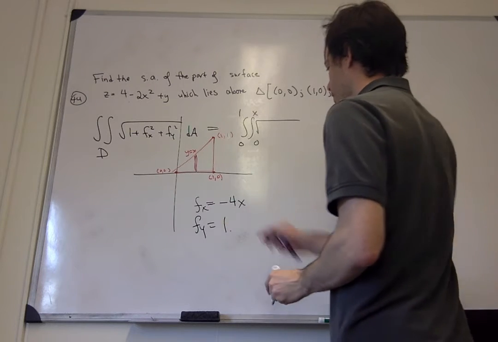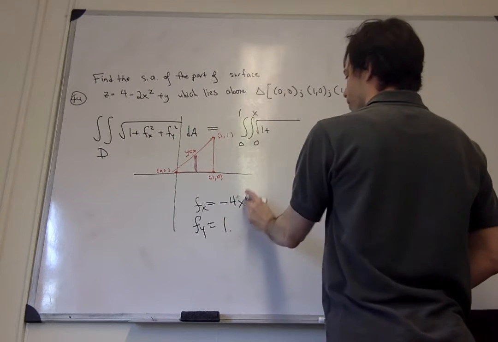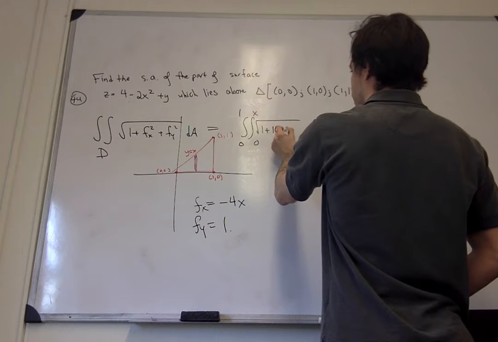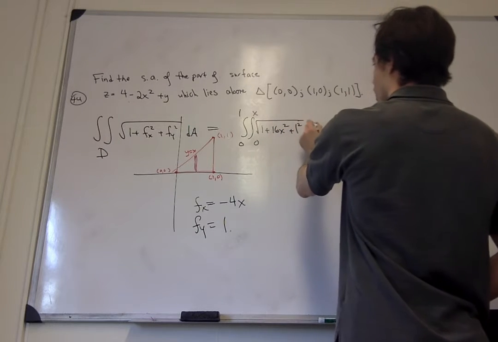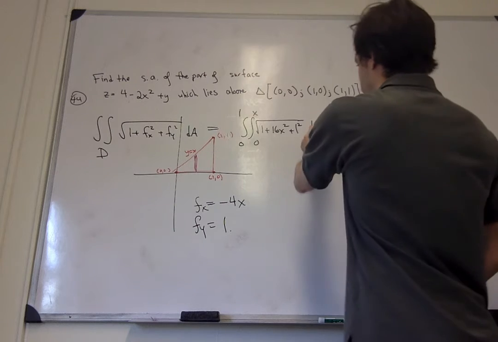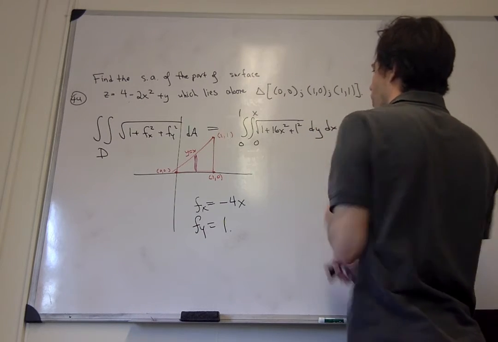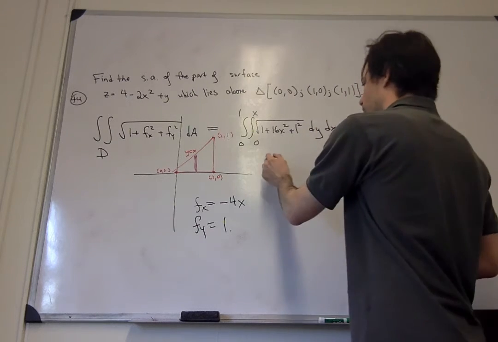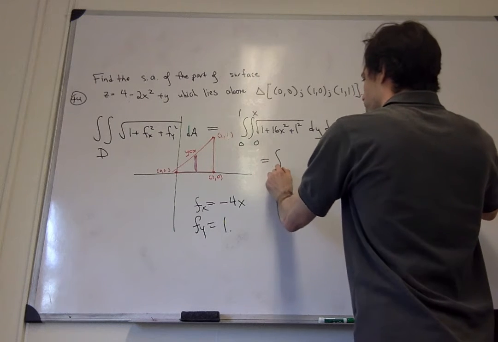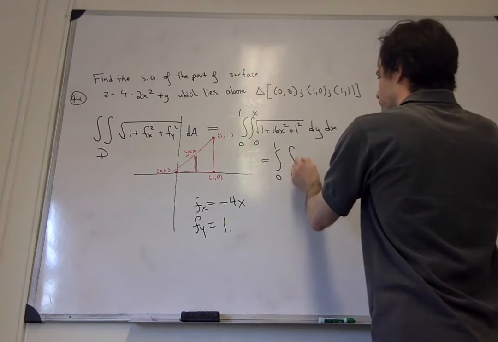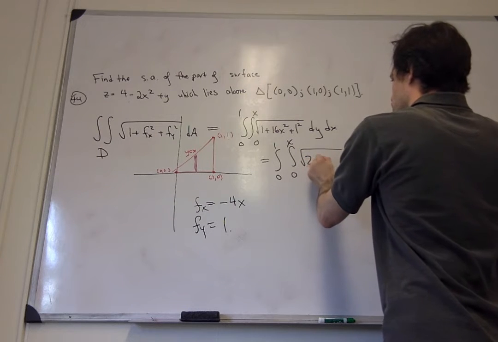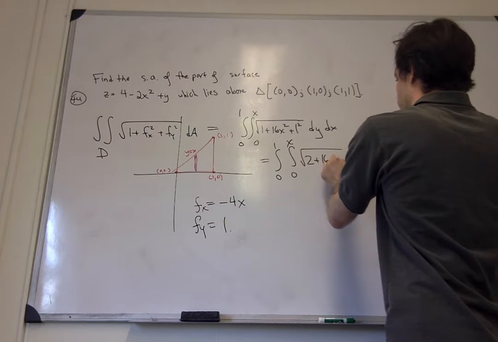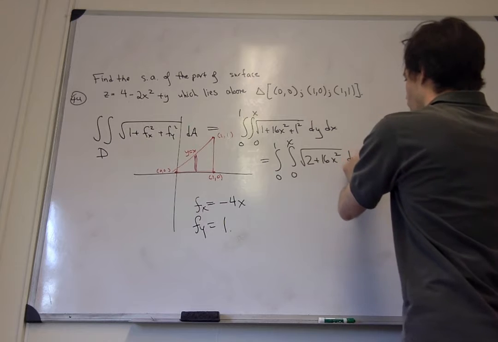If I square this, I get 16x squared, and I pick up another 1 squared, and this is going first with respect to y and then with respect to x. So you should get the integral from 0 to 1, from 0 to x, of the square root of 2 plus 16x squared.